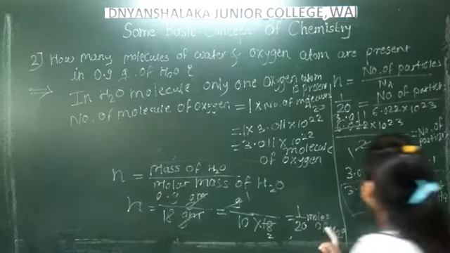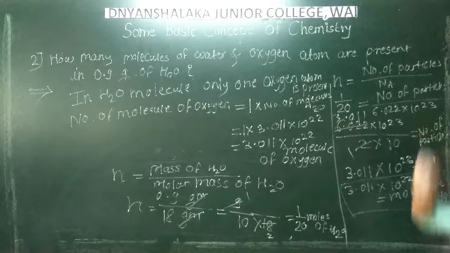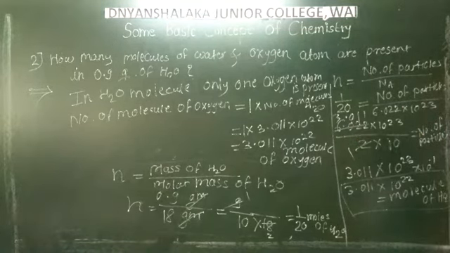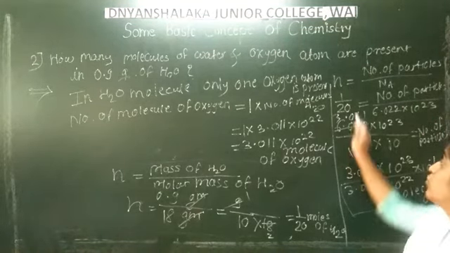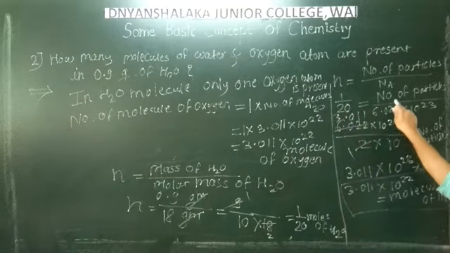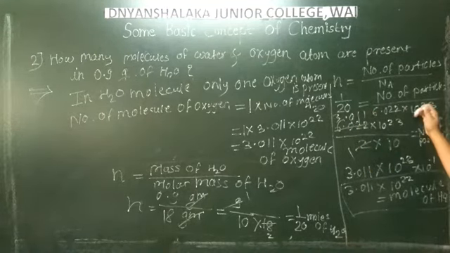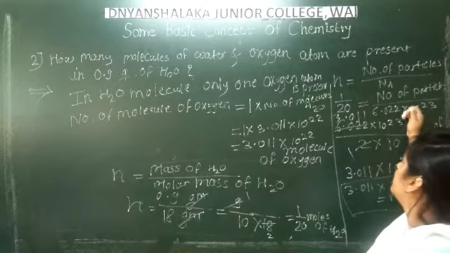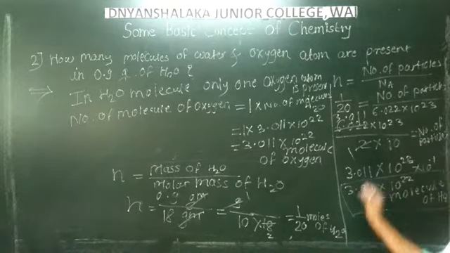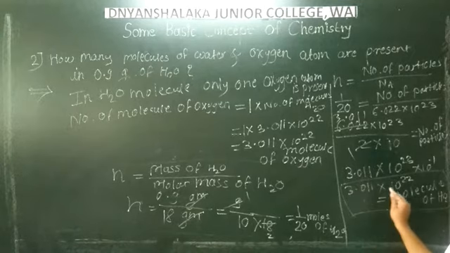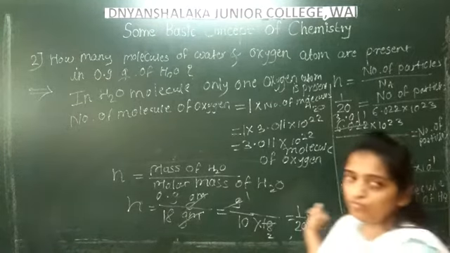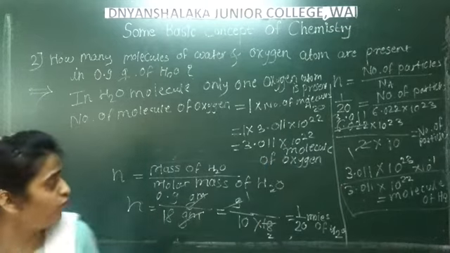Using the number of moles we have to find out the number of particles. The second formula is n is equal to the number of particles upon Na. Putting the value of the number of moles, 1 by 20 is equal to the number of particles upon Na, the Avogadro number, 6.022 into 10 raised to 23. Rearranging the equation, we get the answer 3.011 into 10 raised to 22, the number of molecules of water.